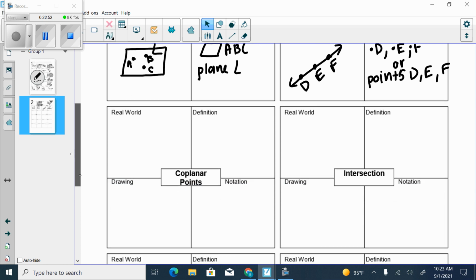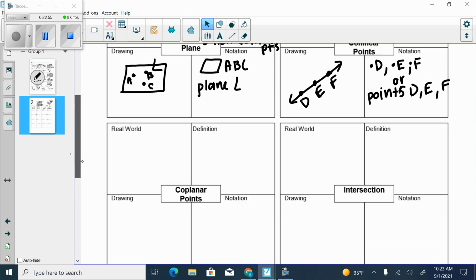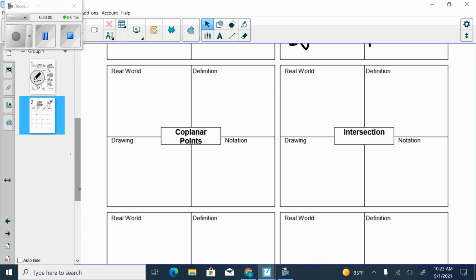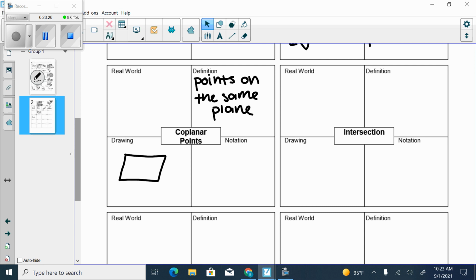Okay. All right, then we've got coplanar points. Well, if collinear means points on the same line, coplanar probably means points on the same plane. Okay. So if this is my plane here, I would have some points on it.